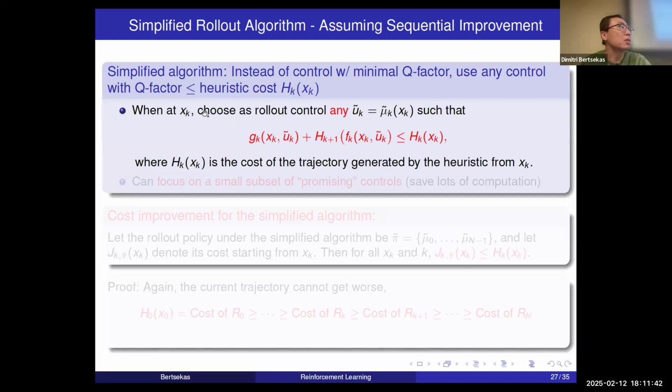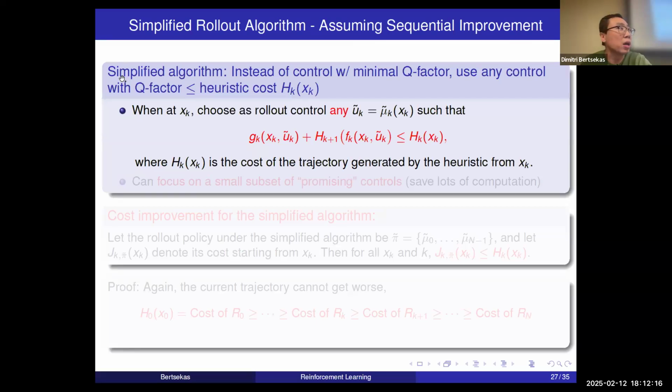To start with, let's look at the problem of too much computation involved in rollout. What if you still don't have enough computational budget, either computational time or resources, to conduct exact rollout at every stage? What we're going to do is introduce this simplified rollout algorithm, assuming that the base heuristic satisfies the sequential improvement condition.